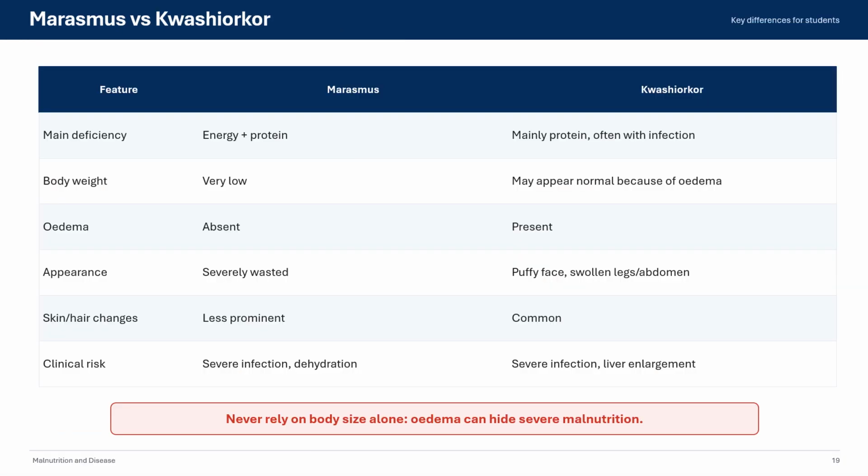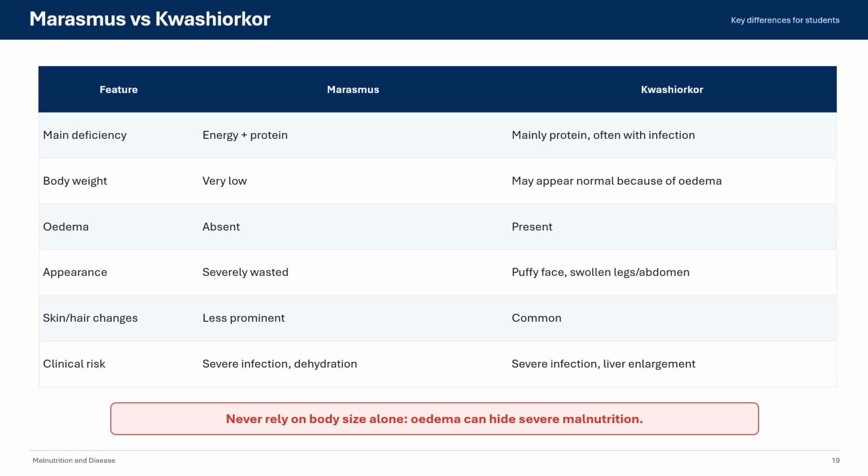So here is a quick comparison between marasmus and kwashiorkor based on the features we listed in previous slides. The main deficiency for marasmus is lack of protein and energy intake, while for kwashiorkor the main deficiency is mainly due to lack of protein intake, sometimes with infection.